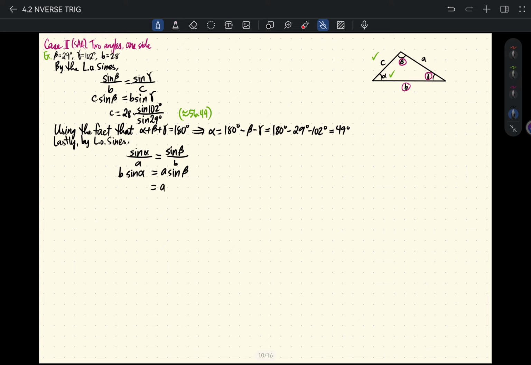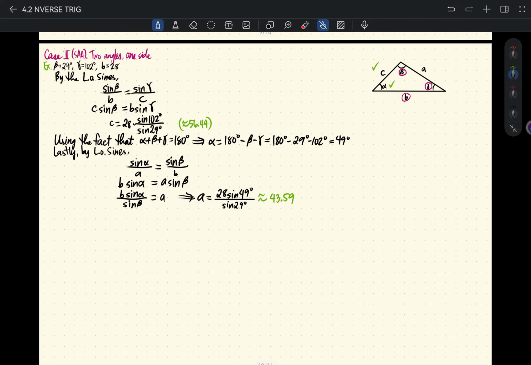We get A equals B sine alpha over sine beta. So plugging the values, we have B equals 28, alpha equals 49 degrees, and beta equals 29 degrees. We have approximately 43.59 as our value for A.